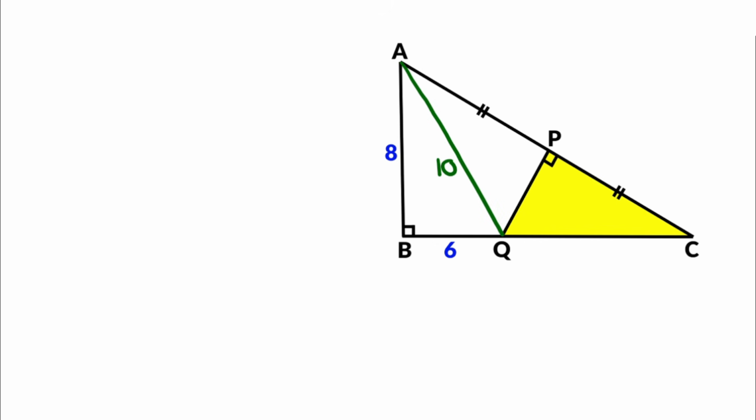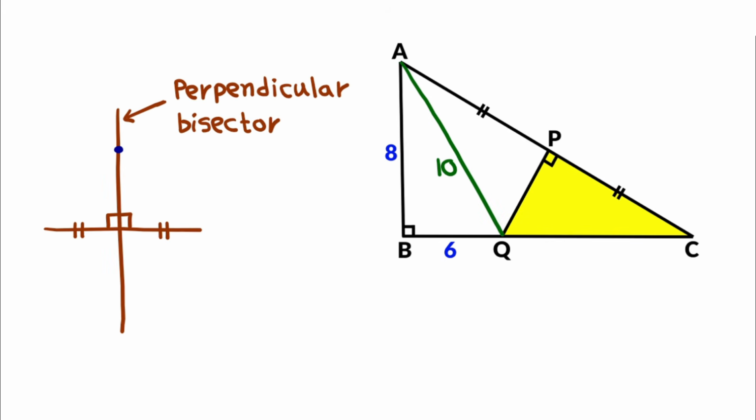Now look at triangle AQC. Point P is the midpoint of side AC, and PQ is perpendicular to AC. That means PQ is the perpendicular bisector of segment AC. A point on the perpendicular bisector of a segment is always the same distance from both endpoints.